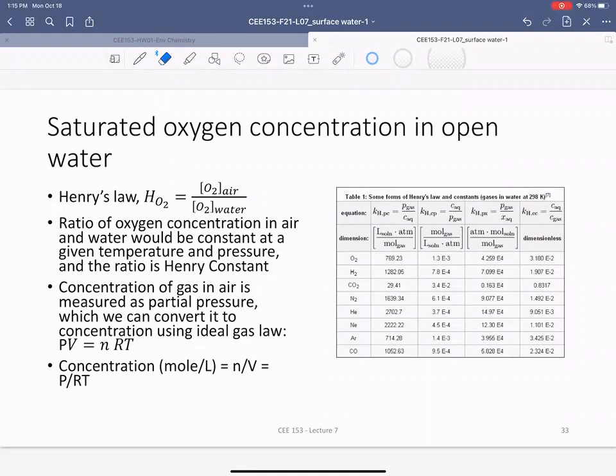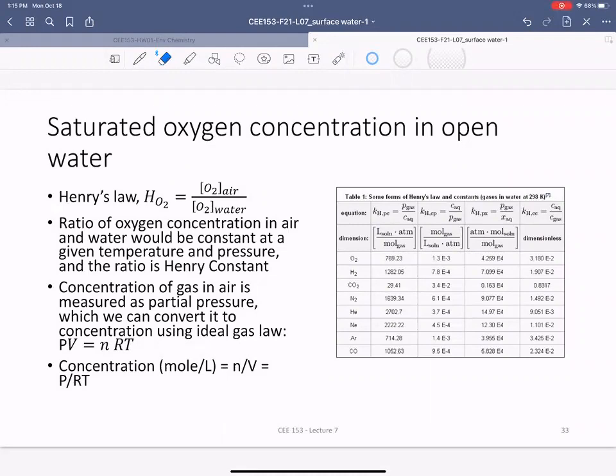A lot of times concentration is expressed in partial pressure. If the concentration is expressed as partial pressure, like the 0.21 atmosphere I just mentioned, you can change that to mole per liter by dividing by RT. R is the gas constant, which is a specific constant, and that number is given. T is temperature.